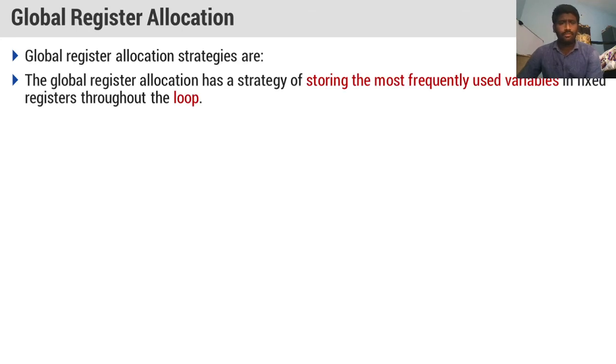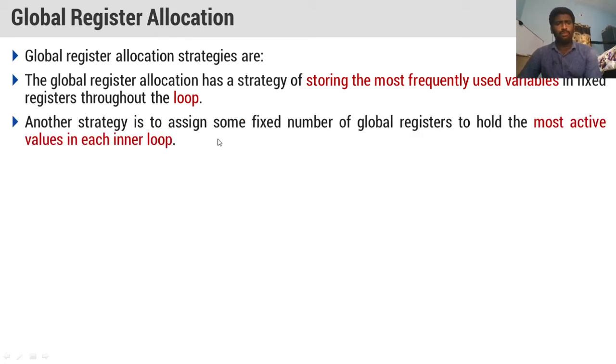So first one is global register allocation. This strategy is about storing the most frequently used variables in the registers throughout the loop.